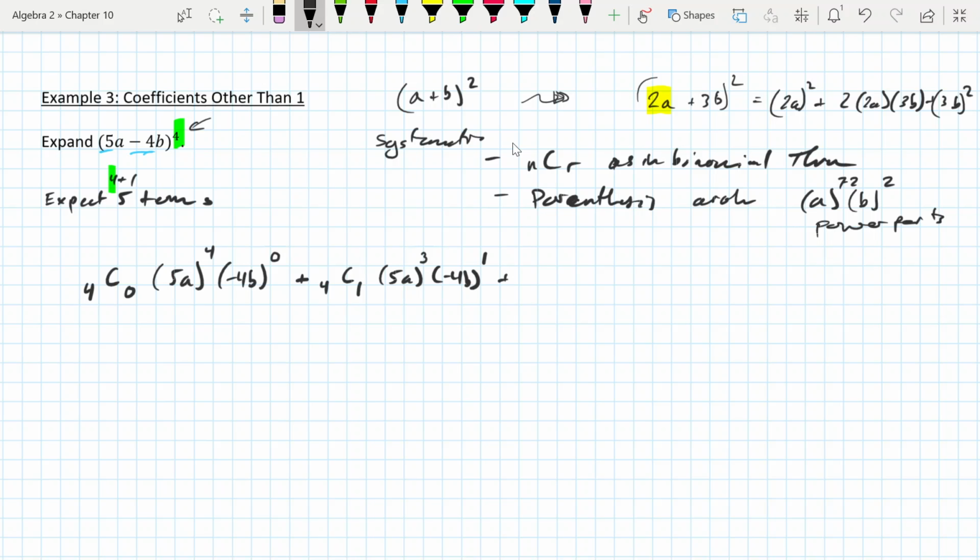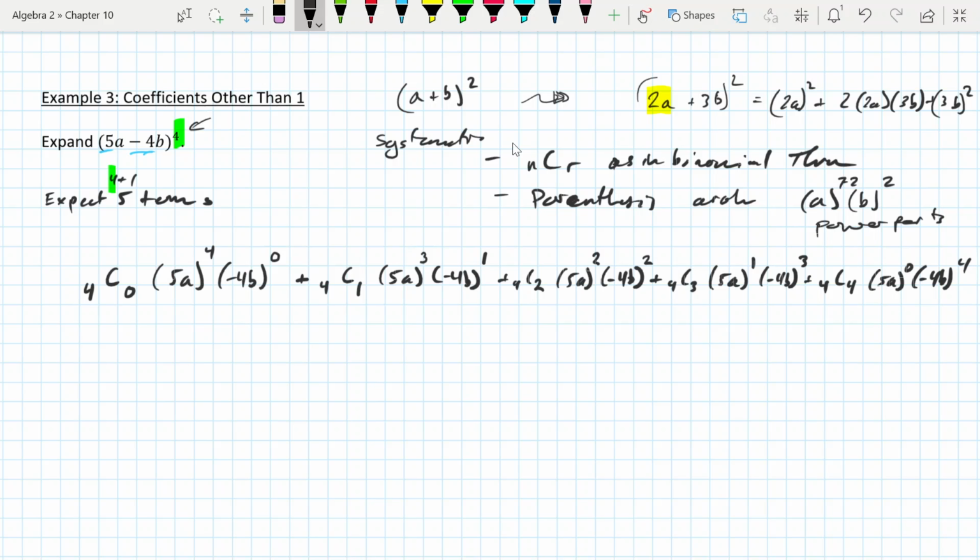Plus 4 choose 2. 5a is down to 2. Negative 4b is up to 2. 4 choose 3. 5a is down to 1. And negative 4b is up to 3. Plus 4 choose 4. 5a is down to 0. And negative 4b is up to 4.